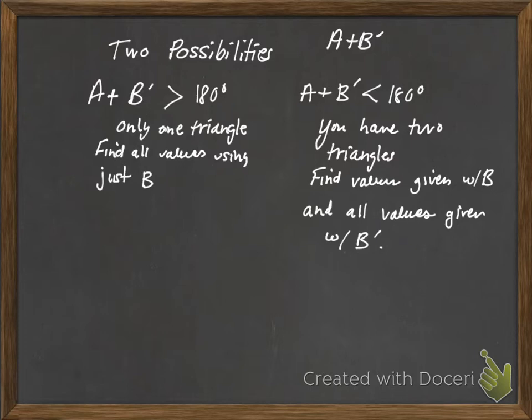So you're going to have to find all the values with the angle B that you found in step 1, and then find all the missing values with B supplement. So you will have two sets of values because B and B supplement are not the same angle, so it affects everything else. Okay, so I just want you to see that and see the steps.